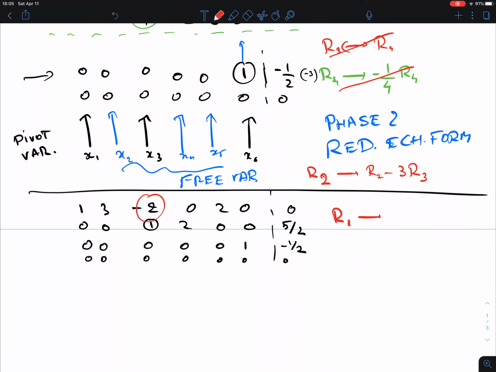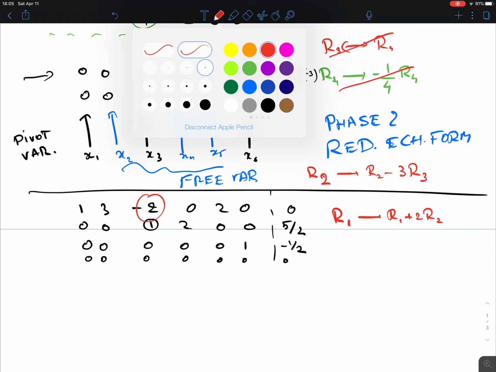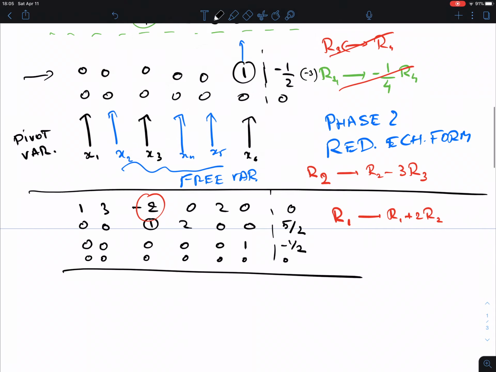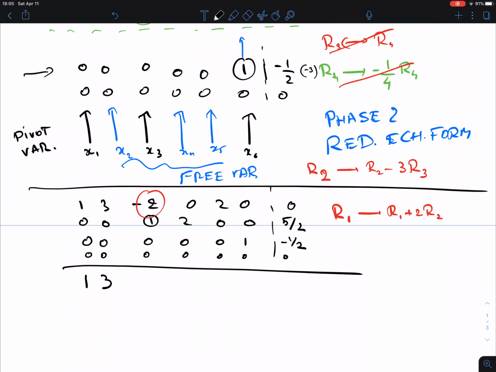So row 1, replace that by row 1 plus 2 times row 2, and the result is 1, 3. So now I multiply this negative 2 and add up with plus 2. So then I get a 4 here. I have already a 2, that is just a 0. And then I multiply this with 2 and add up, so this becomes a 5. And that's the only thing that I do, so everything else is copying.